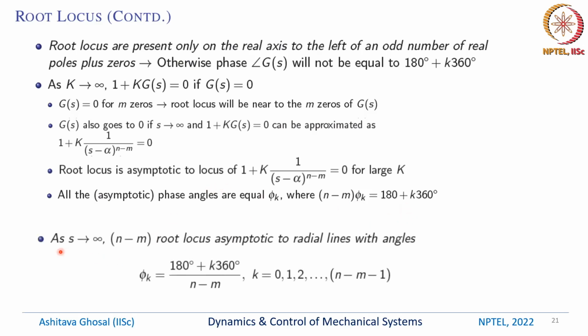So as s tends to infinity, n minus m root loci are asymptotic to radial lines with angles phi k, and this angle phi k is given by 180 plus k into 360 divided by n minus m, where k is 0, 1 all the way till n minus m minus 1. We are starting from 0, so it is n minus m minus 1.